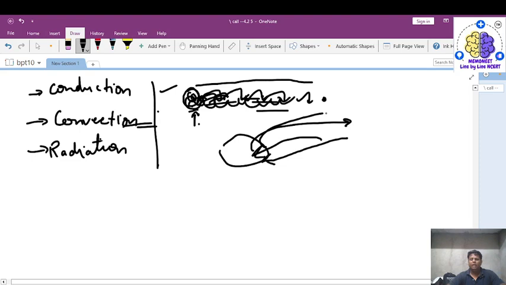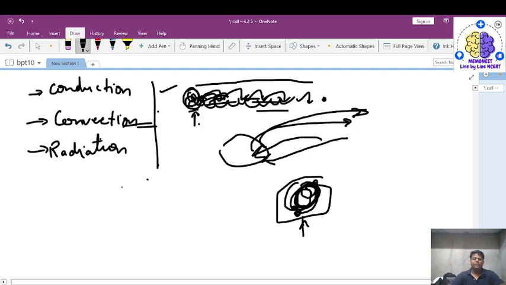In the same way, in convection, the heat is being transferred. Suppose this is the heat source, the matter will get heated over here, it will go and another particle will come to this point, take heat and go back to its place, and this cycle goes on. This is known as a convection cycle, and because of this cycle, the entire substance will get heated up.